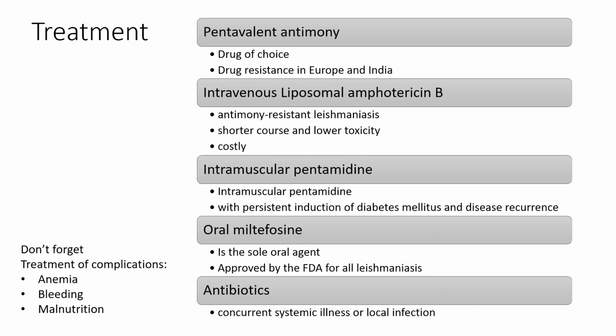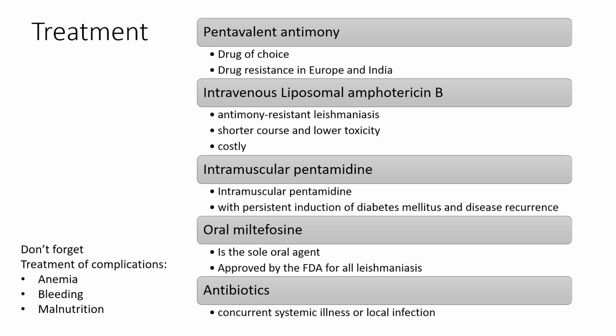As for the treatment of this leishmaniasis, the drug of choice is pentavalent antimony. However, much drug resistance has already been discovered in Europe or India. So now they have changed to intravenous liposomal amphotericin B, which has a shorter course and lower toxicity. However, it is quite costly.